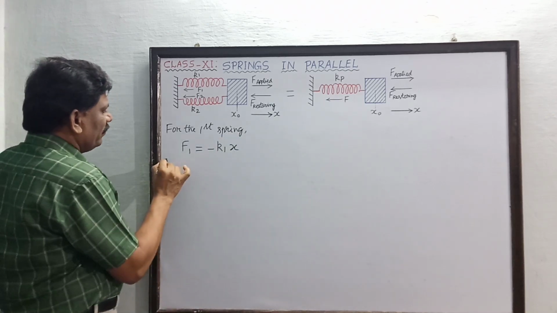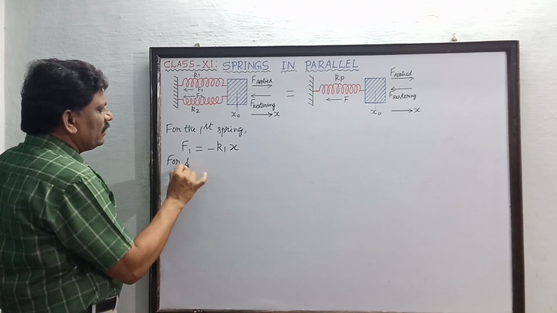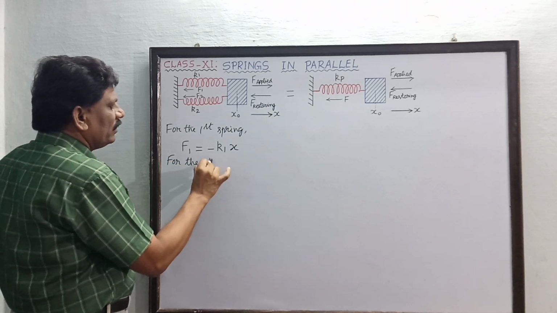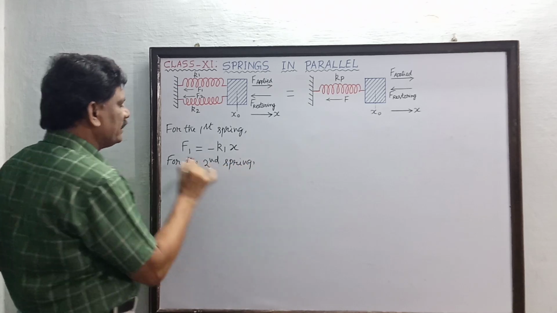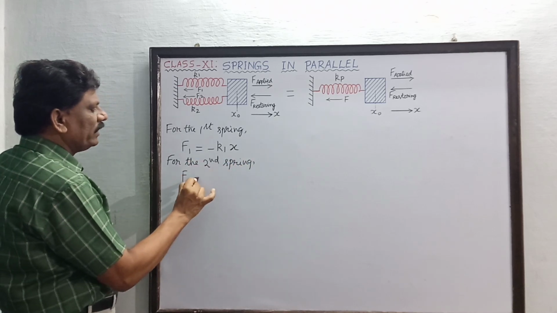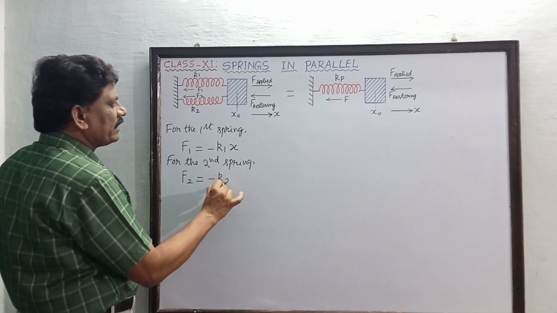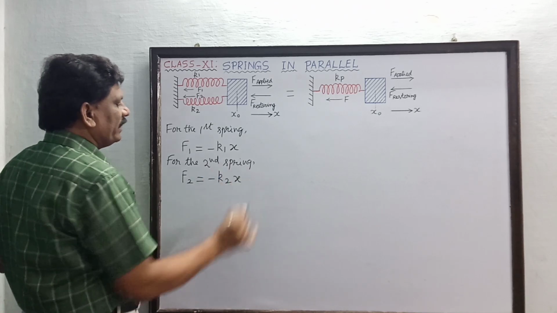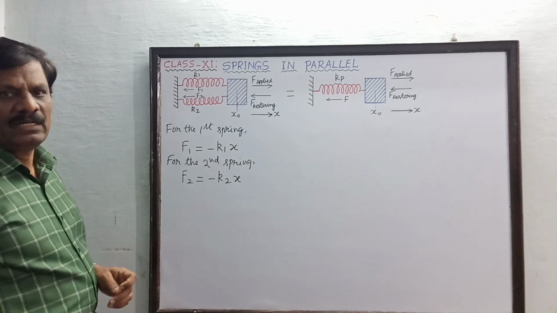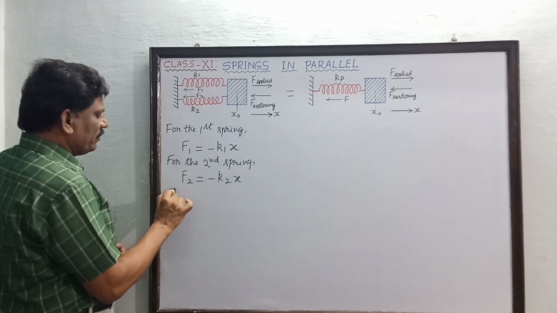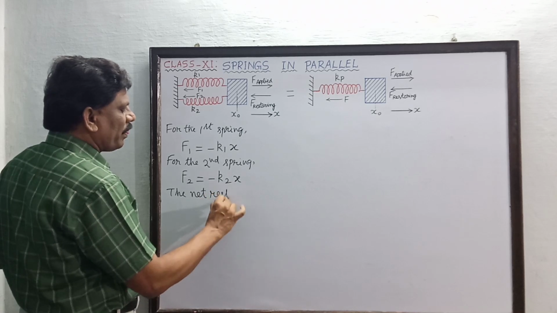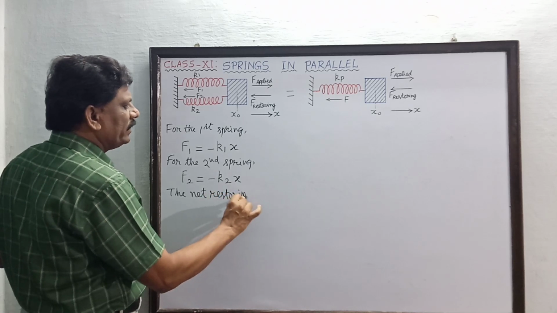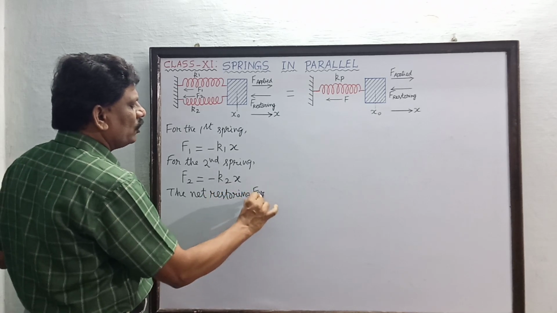Similarly, for the second spring, the expression for the restoring force is F2 is equal to minus K2 times x.